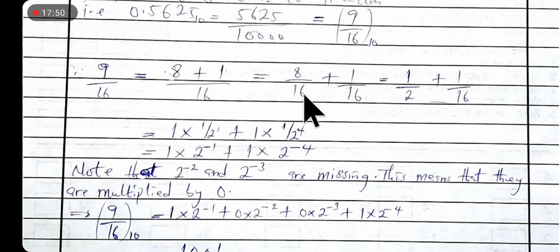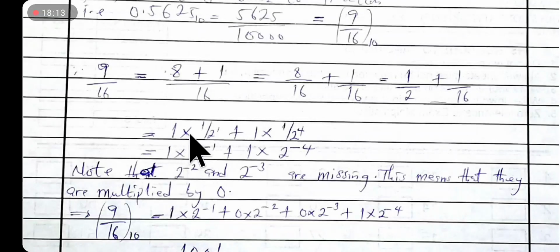So 8 in 16 is 1 over 2, and this plus is what we have here. Then 1 over 16 is still 16. So we have 1 over 16. So this is going to be equal to, we have to start introducing 1, use 1 to multiply each of these terms.